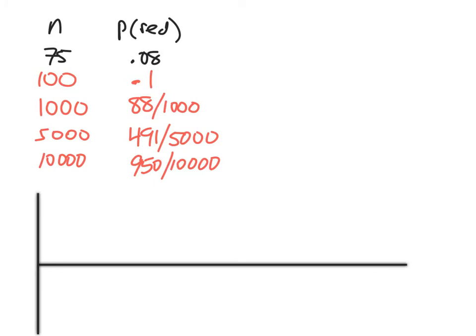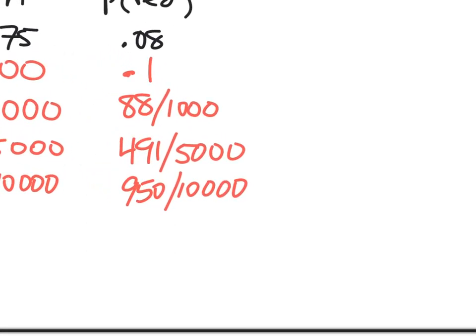I'm going to get some decimal equivalents here. 88 over 1,000, everything's going to be in the neighborhood of 0.1. 0.088. Then 0.0982, and about 0.095.